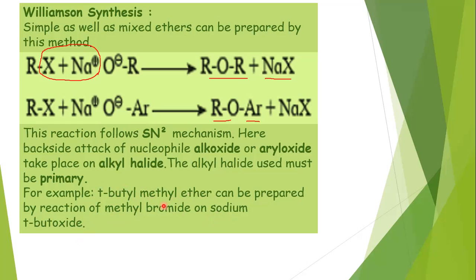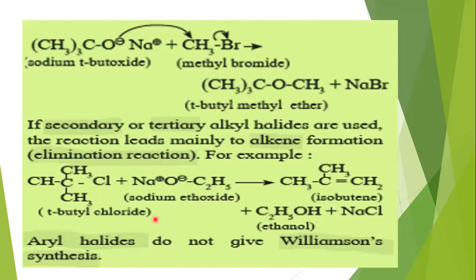If instead we take tertiary butyl bromide and sodium methoxide, then instead of getting ether, we will get the corresponding alkene. We get alkene because the halide is tertiary, and this tertiary alkyl halide is favorable for SN1 reaction mechanism.